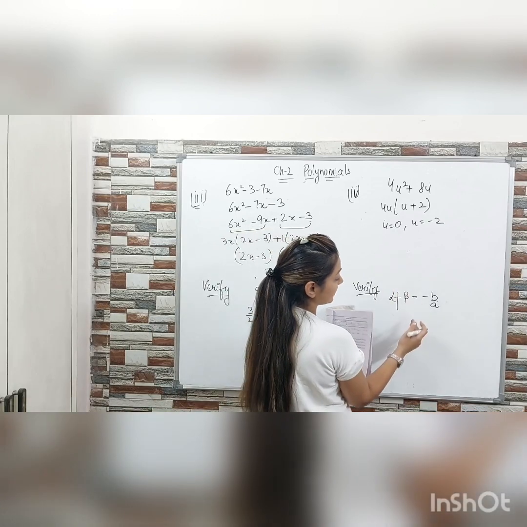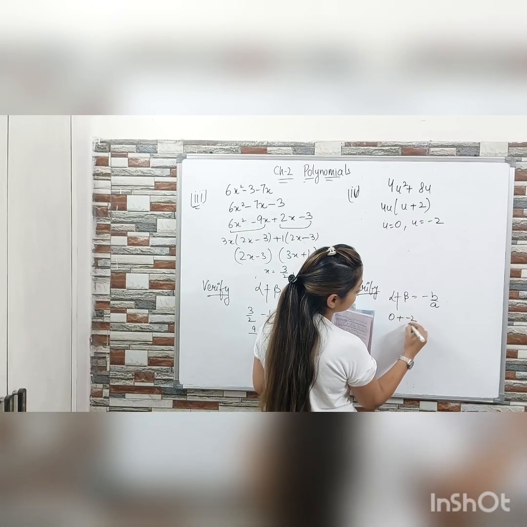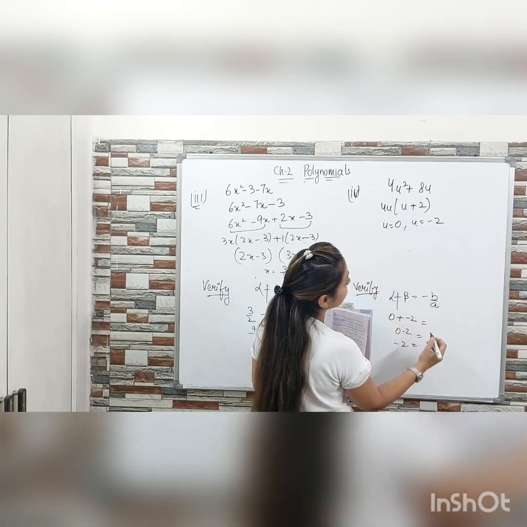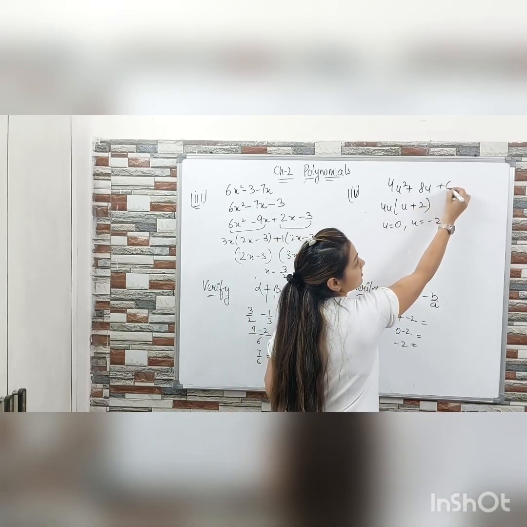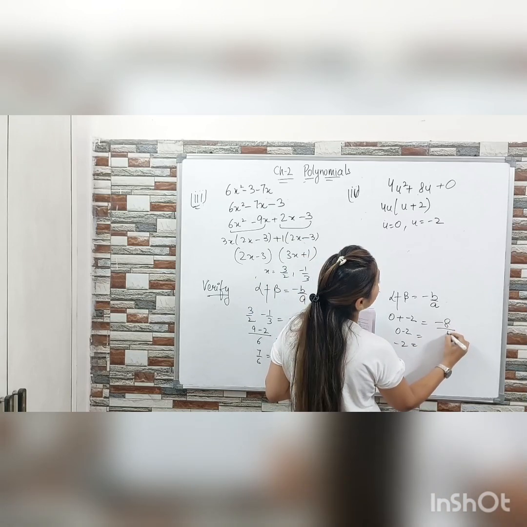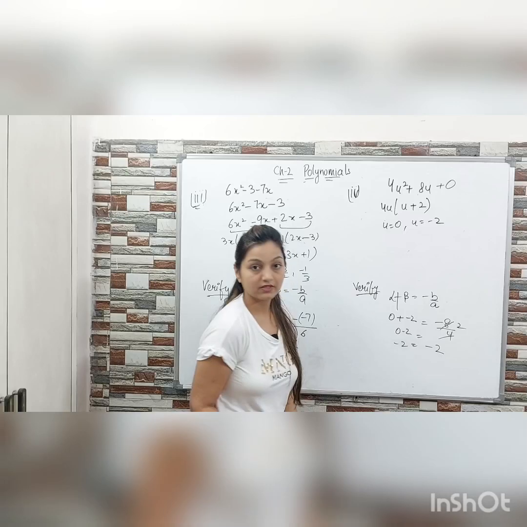Now alpha and beta verification. Alpha is 0 plus minus 2, the answer is minus 2. For minus b upon a, there is no c, c is 0. So minus b is minus 8 upon 4, so the answer is minus 2 again. So verified.